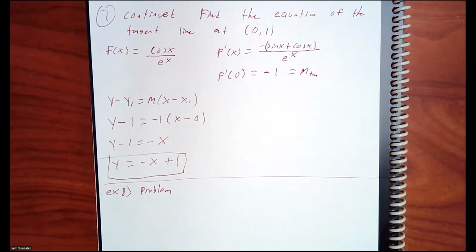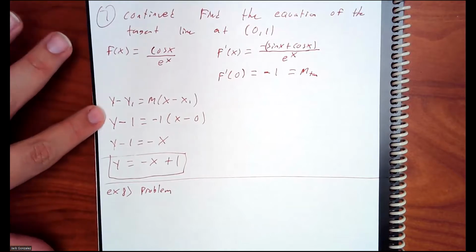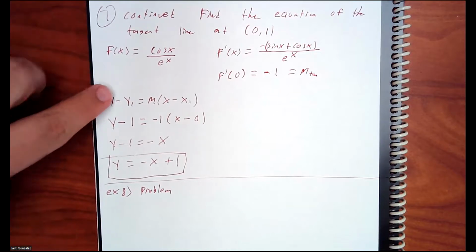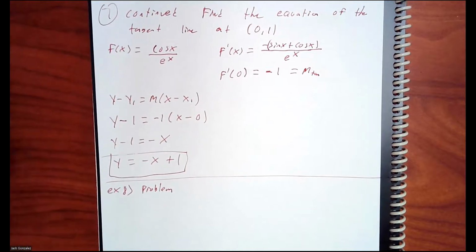Plug in the zero, that part was to be able to plug it into the line to get the y value for the point. Yeah, we need the y value to find the line equation.